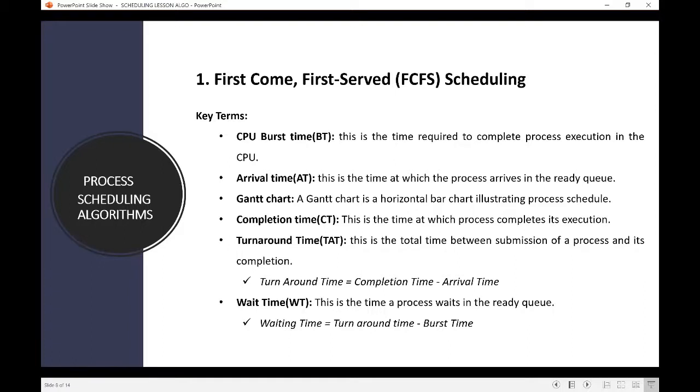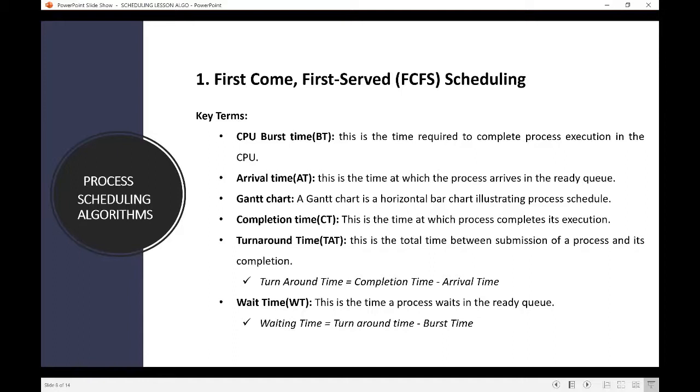We have completion time, CT. This is the time at which a process completes its execution. We have turnaround time, TAT. This is the total time between submission of the process and its completion.